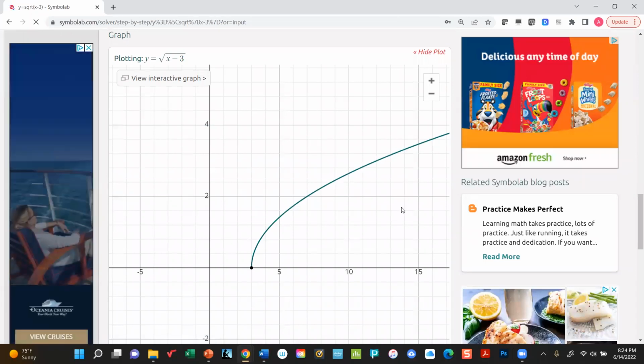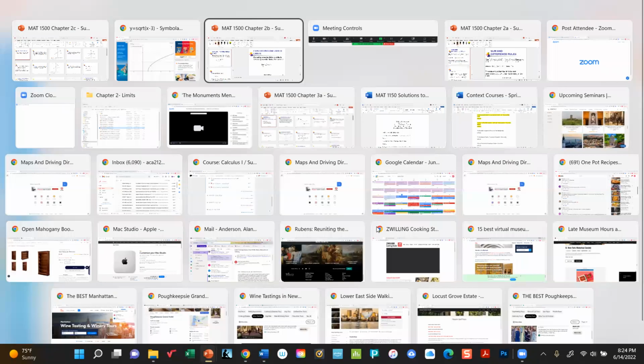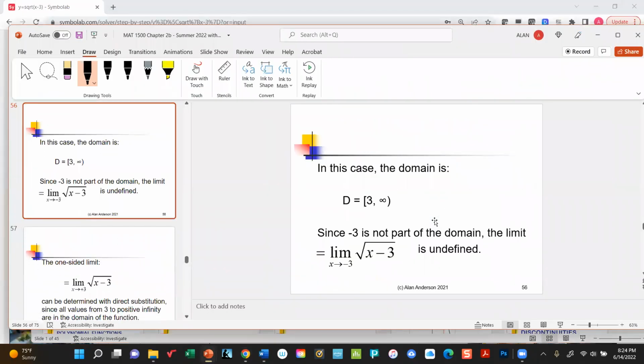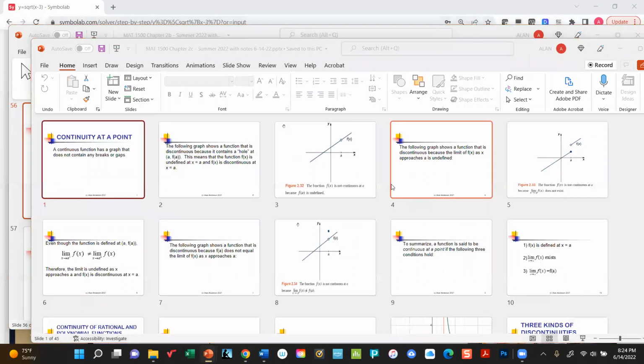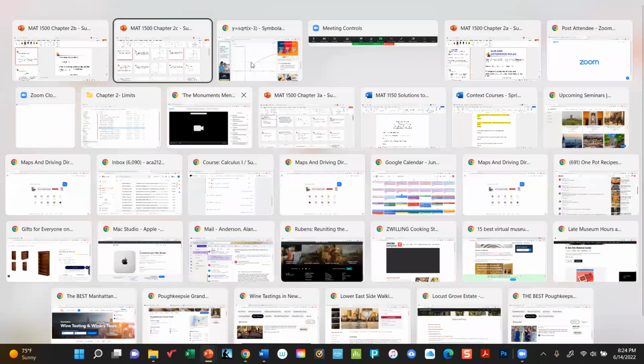Anyway, the bottom line here is the domain of this function, radical x minus 3, is everything from 3 up to infinity. So it wouldn't really make any sense to try to calculate the limit from the left because the function is not defined for any x below 3 on the graph again.